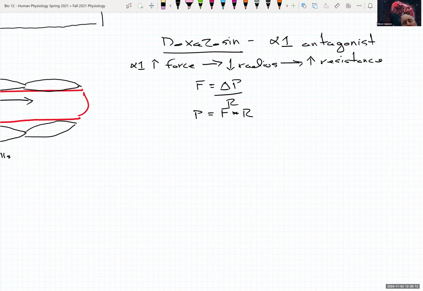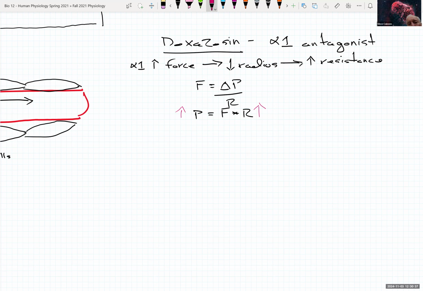So if the alpha-1 adrenergic system is turned on, the smooth muscle cells contract, decreasing the radius of the blood vessel. That leads to an increase in resistance. According to this simple formula, the increase in resistance is going to lead to an increase in pressure.